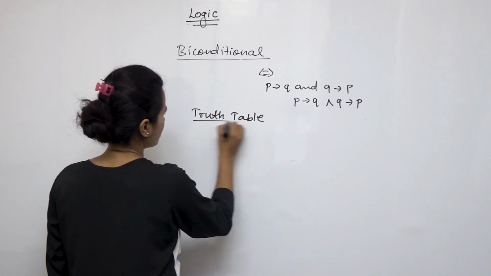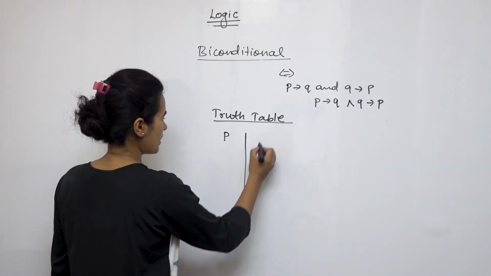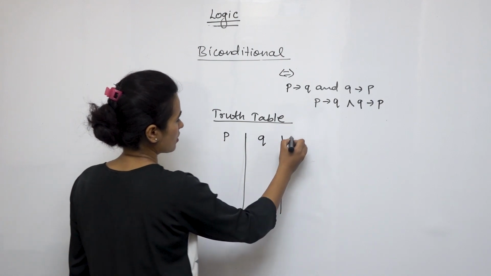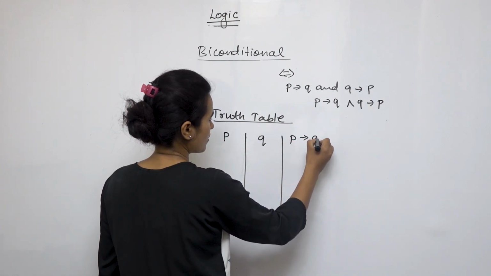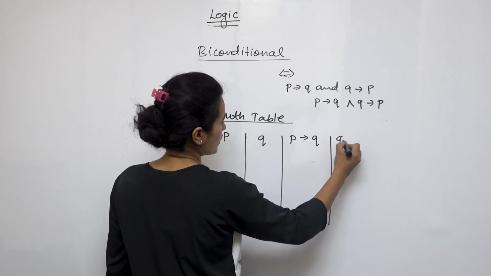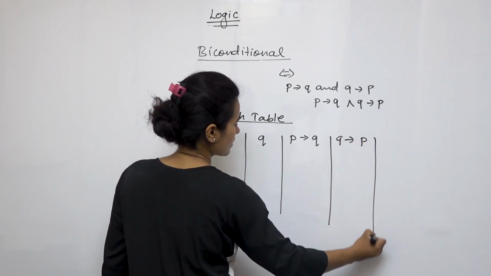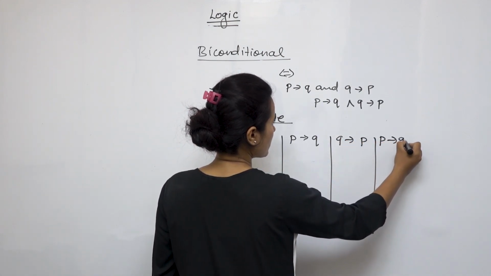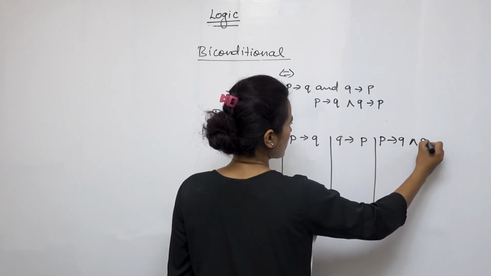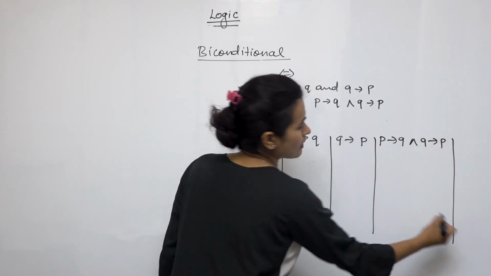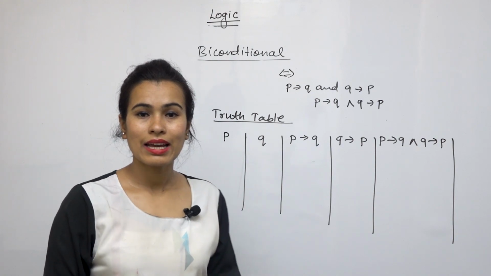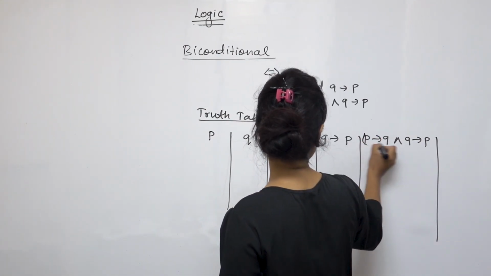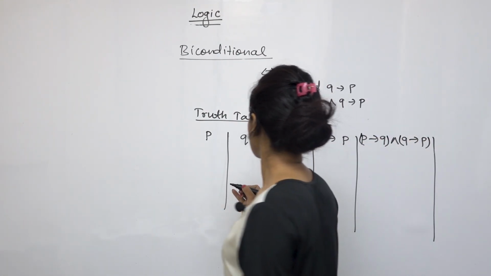Truth table. This is P, Q, P then Q, Q then P, and P then Q and Q then P. I think it will be better if we keep it inside the bracket.